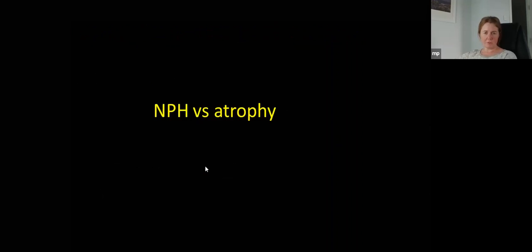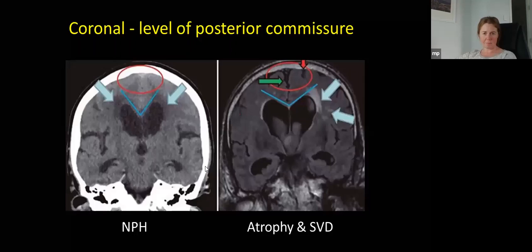And just to finish on hydrocephalus, so how do we distinguish between NPH and atrophy? Can be challenging, as I said. So this is a coronal CT, and this is a coronal T1. And you'll see the one on the right is atrophy, and the one on the left is NPH.